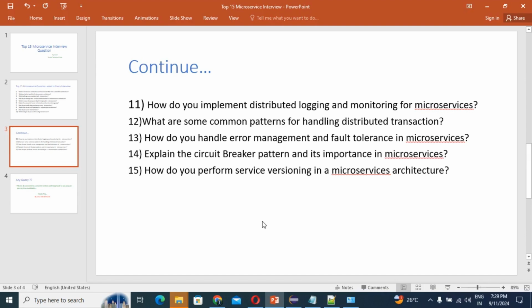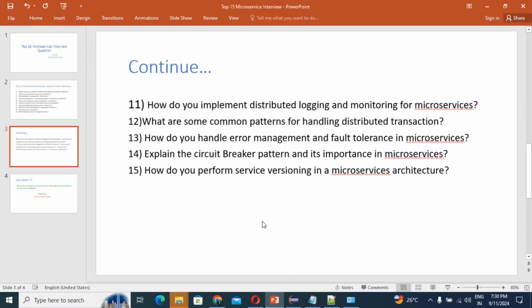This is an important question. Next question: what are some common patterns for handling distributed transactions? The first common pattern is the saga pattern.